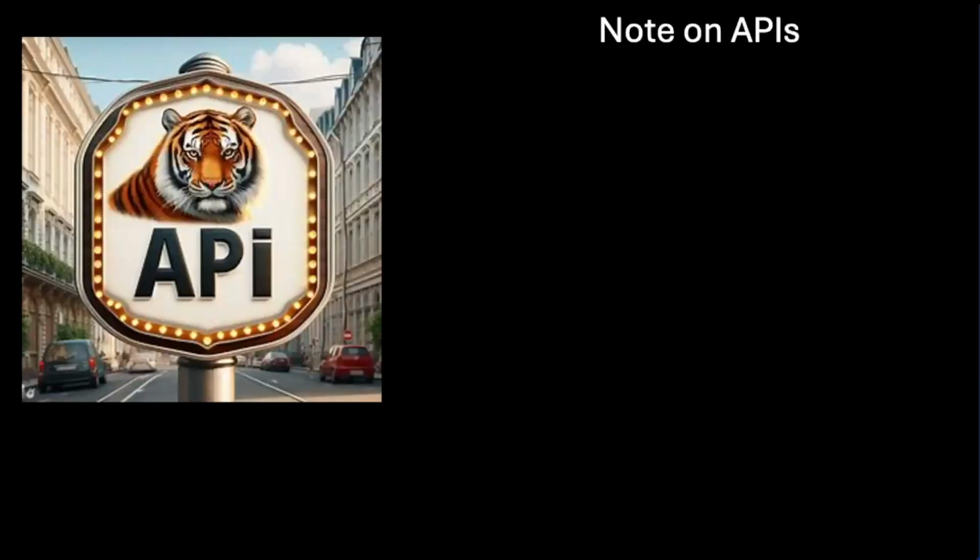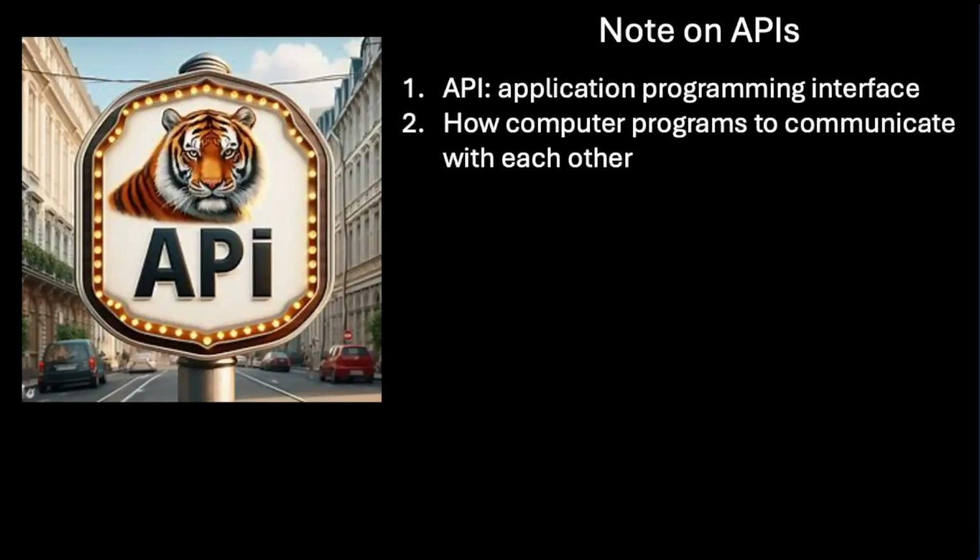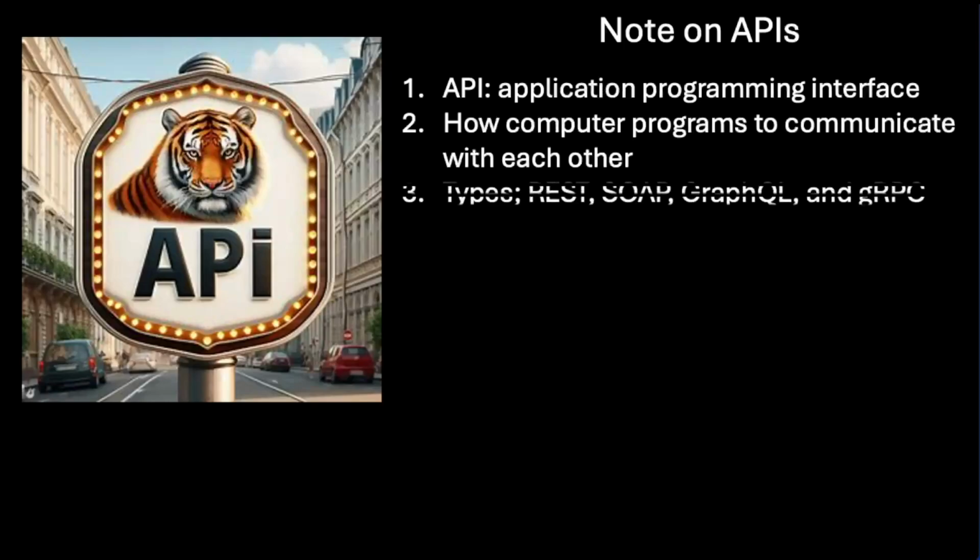Okay, before we go into how Copilot works, I want to just have a quick discussion on APIs. Now, an API stands for Application Programming Interface. And all this is how computer programs communicate with each other. Now, there are several types of APIs.